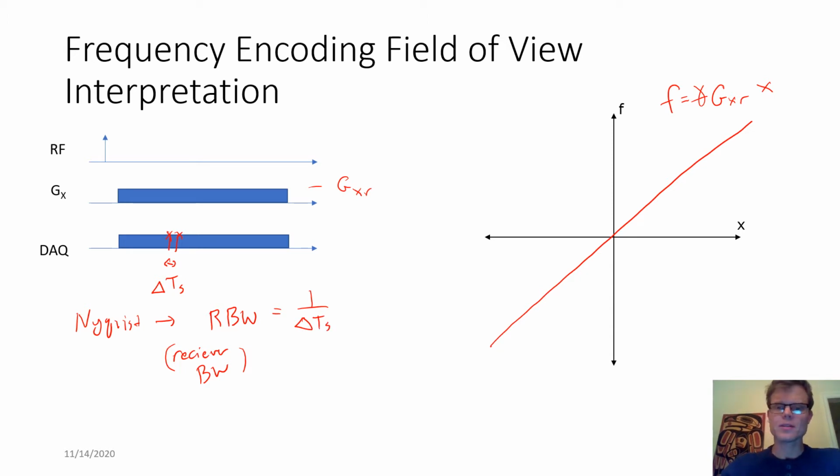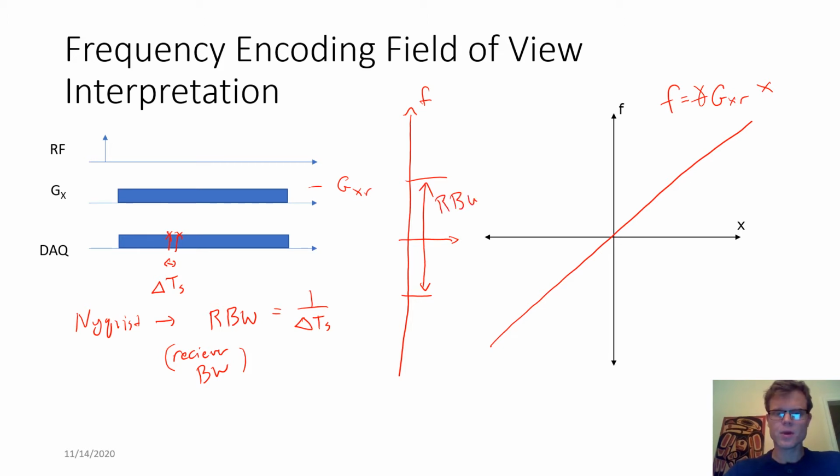Or if I draw this in the plot over here, in the frequency dimension, the region that we can define without aliasing is going to be some bandwidth, and we're going to call this the RBW, the receive bandwidth. This is the region that we can define unambiguously with a given sampling rate.